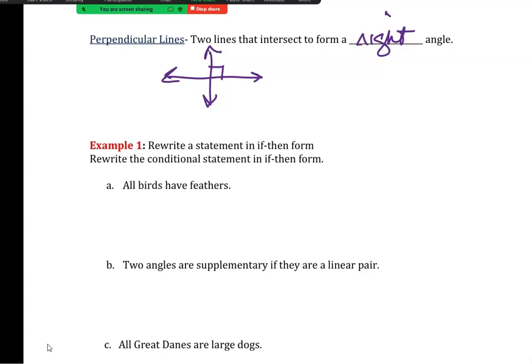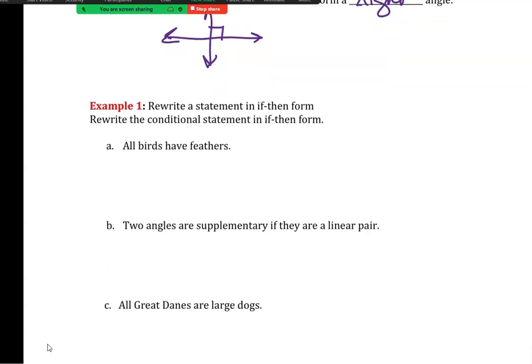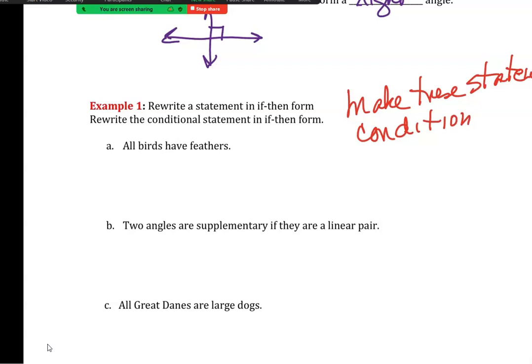Okay, if you're going to rewrite a statement in the if-then form, so make it a conditional statement. So that's what I'm doing. Make these statements conditional statements. Okay. All birds have feathers.